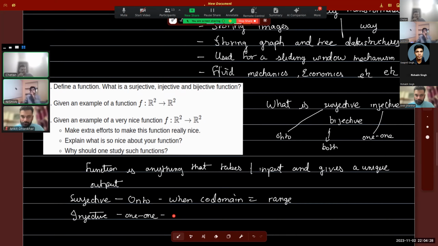When we say we are taking functions, we consider that every input will map to some output. If it does not map to some output, we are not considering that. That's for functions, but not for relations. Yeah, we're not talking about relations. We are talking about surjective, injective, and bijective functions here.